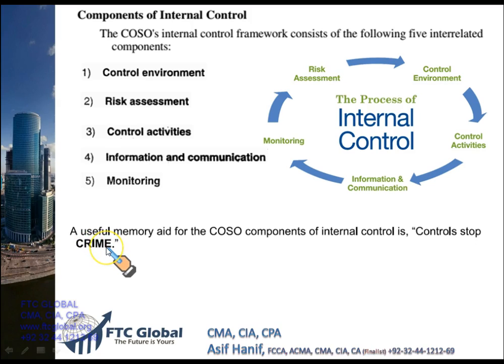Just like in segregation of duties we have the word CARR: custody, authorization, record keeping, and reconciliation. So you can recall quite easily the components of the COSO model. You just have to remember these words, and you know what to fill in the space with. So we're going back to the essay type now and fill in our responses.